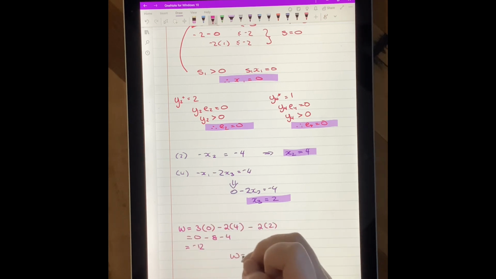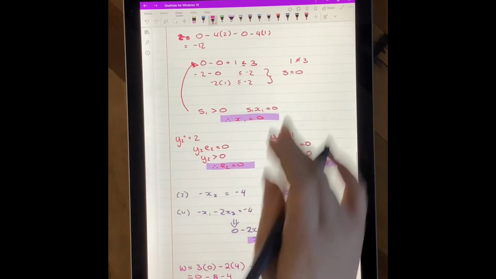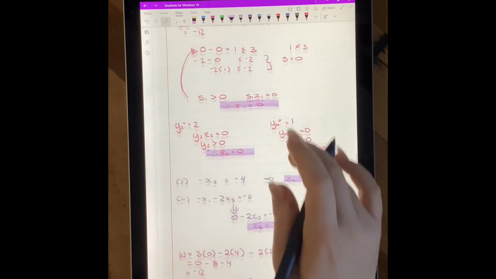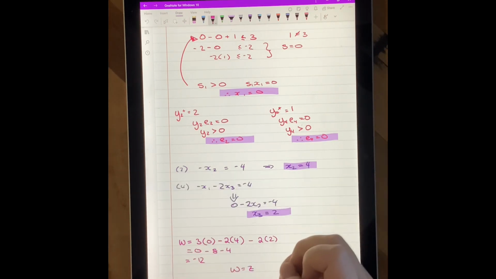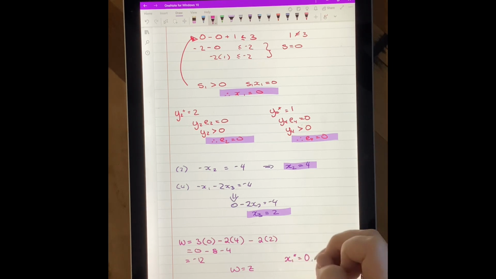So W equals Z. We have reached the same point, which means that the optimal value for the dual LP is 0, 4, and 2.